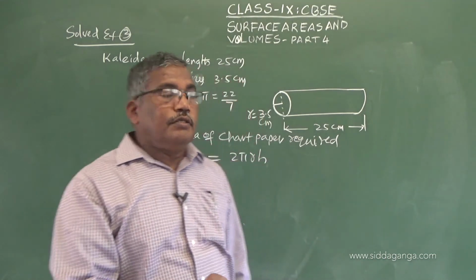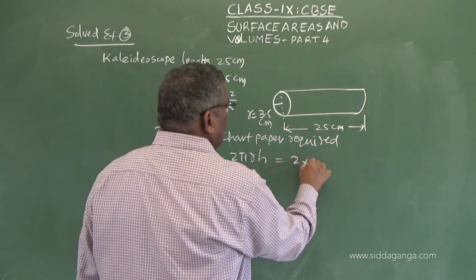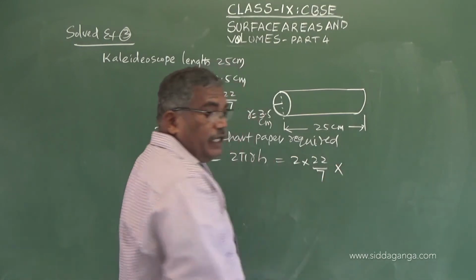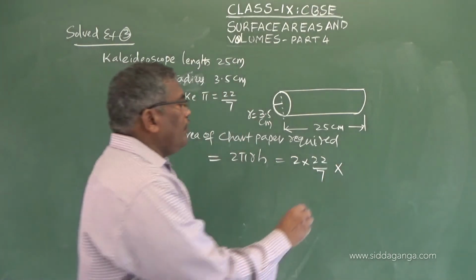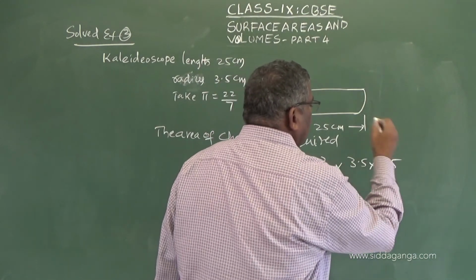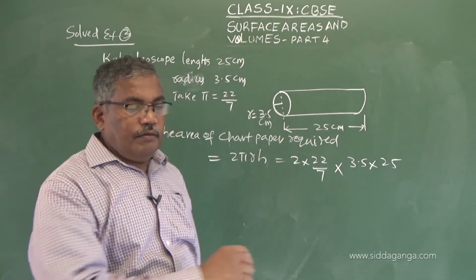Here this is 2 into 22 by 7 into radius 3.5 into h, which is 25.